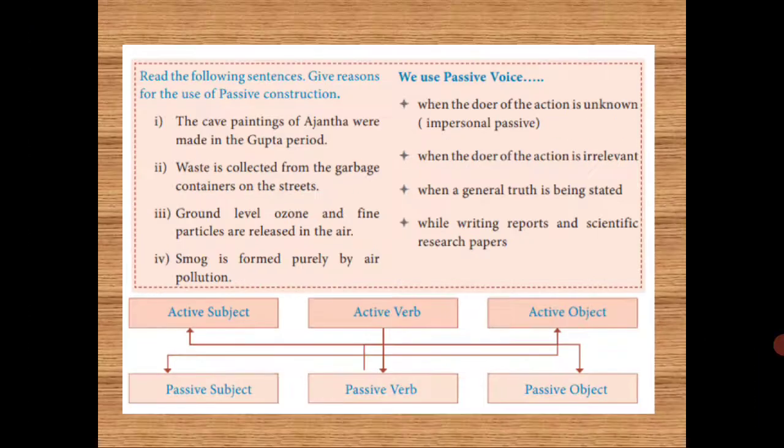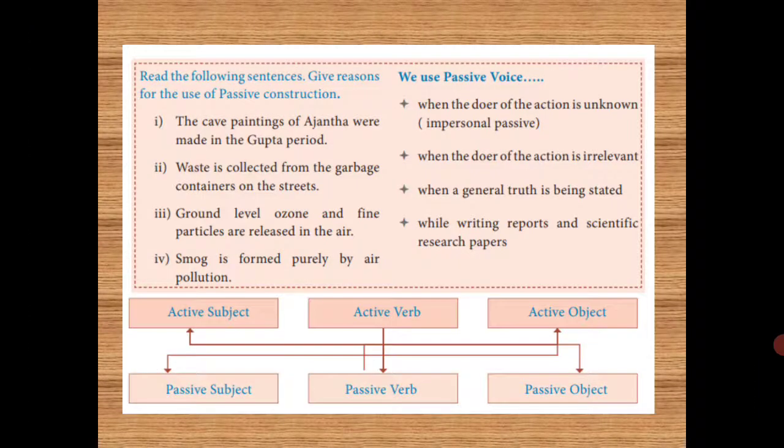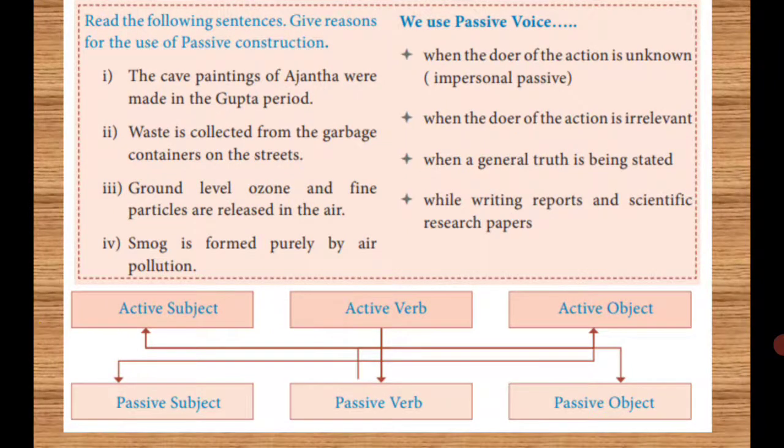The active object becomes the passive subject. In the first sentence, the object becomes the subject in the passive. The active subject becomes the passive object. And the active verb becomes the passive verb. These are the three changes: object becomes subject, subject becomes object, and the verb in active voice becomes passive voice.